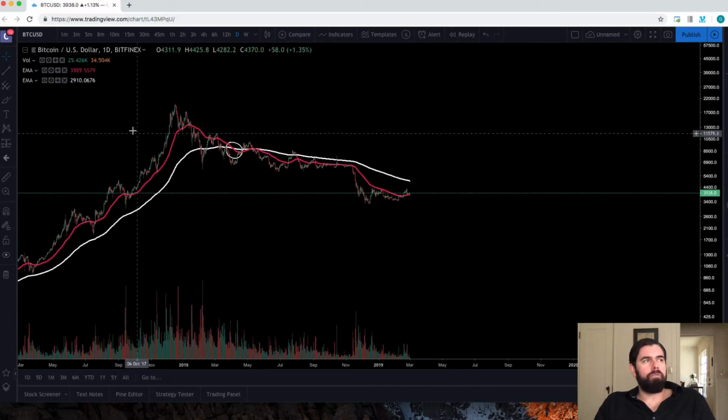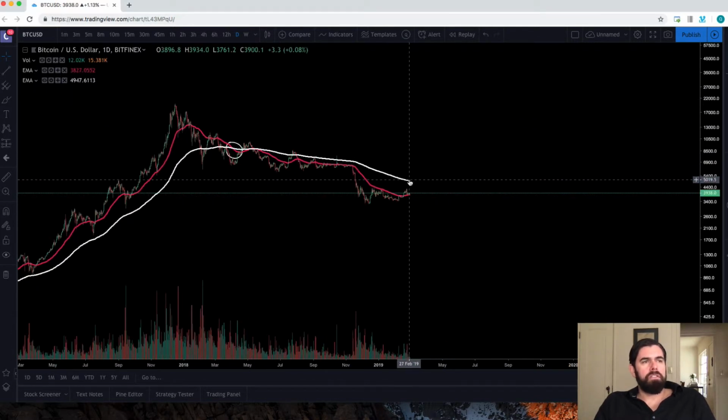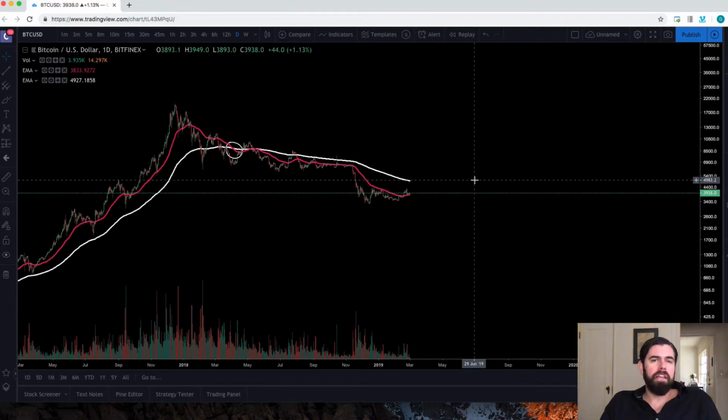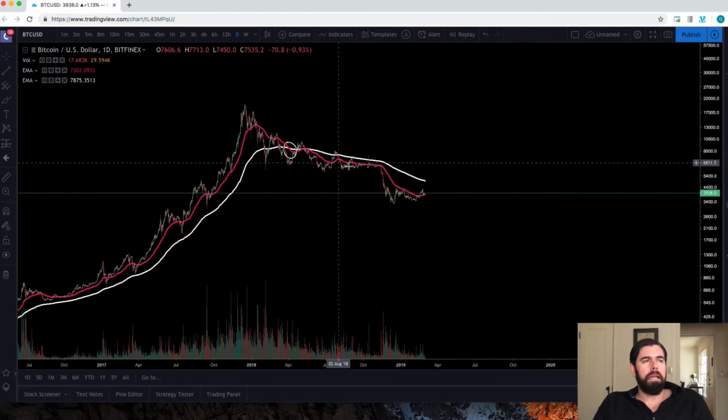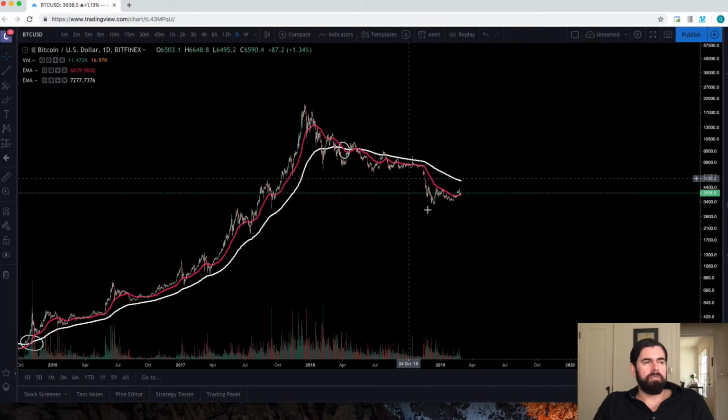So they'll wait for this 200 to come down and for the 50 to finally go above. Once that happens, that will be an indication to them, okay, now it's time to look at this as an actual long-term investment or long-term trade. And once again, I suggest you always find confluence in all your trades. But until that happens, we are still in a bear market as of now.